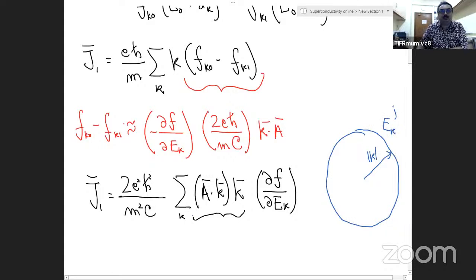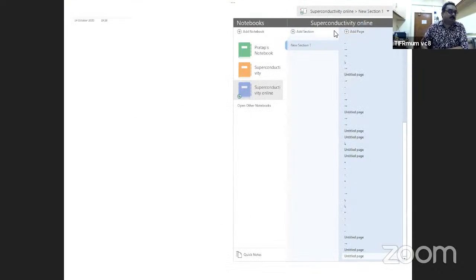So energy is constant on this contour. Therefore, I have to have a way to calculate this quantity here. How do I calculate that?